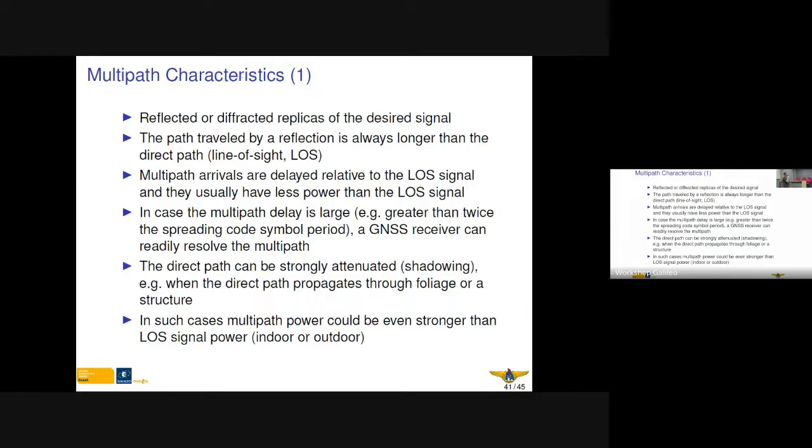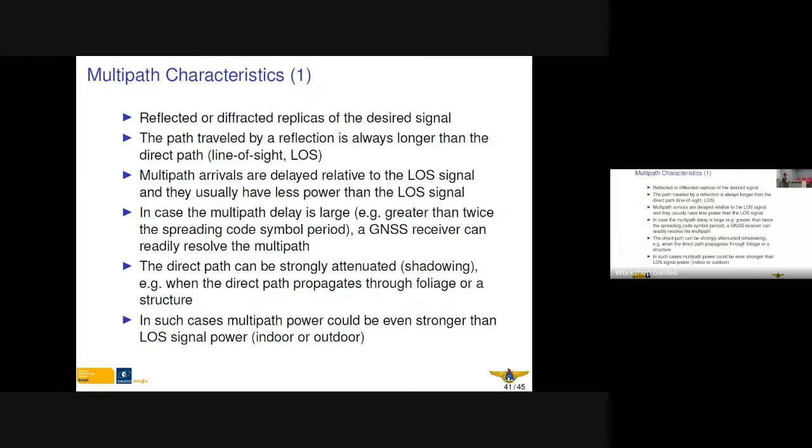This depends. I mean, if the direct signal is attenuated, because it is passing through a tree or something like this, we can have a specific case where the multipath signal can be stronger than the line of sight signal. This is explained in one of the lower bullets here.